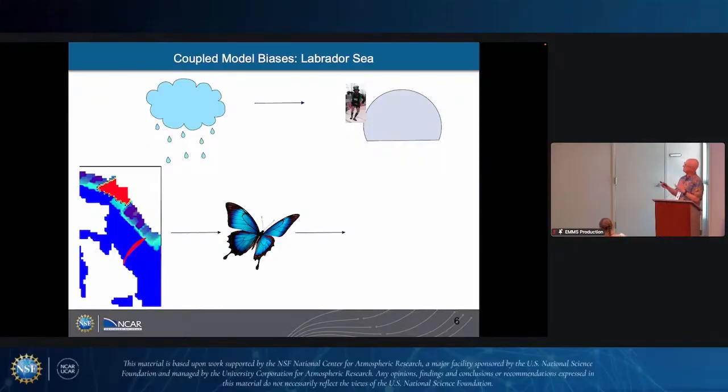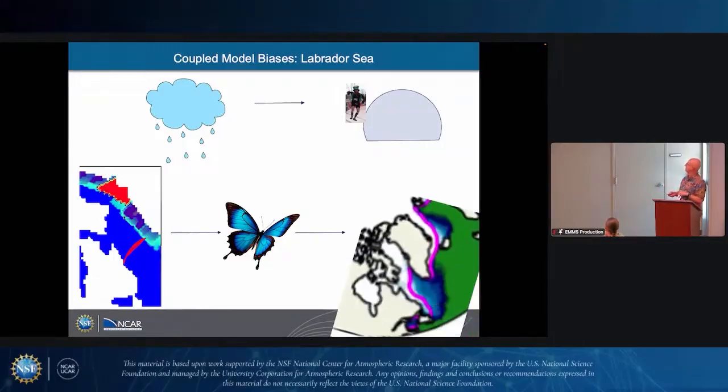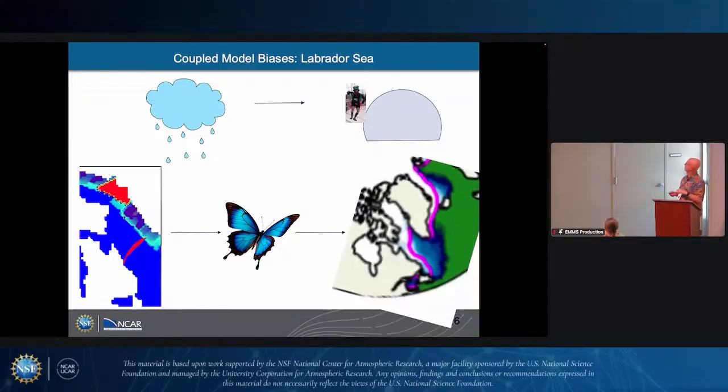So it's a really challenging thing to really get at. But then, this is kind of low resolution, but it gives you the idea that when it goes, it really goes, and it impacts the meridional overturning circulation, and it really changes the state of the model. And it's almost impossible to come back from this state. So even if you run out 100 more years, you can't really come back from it.